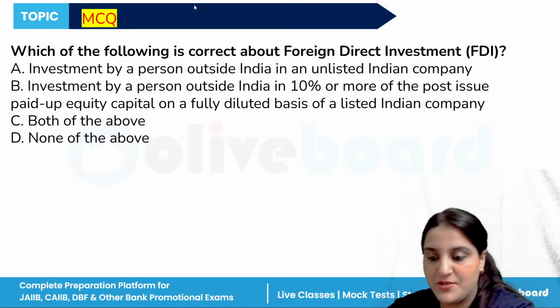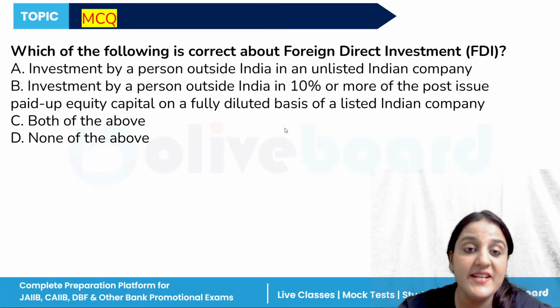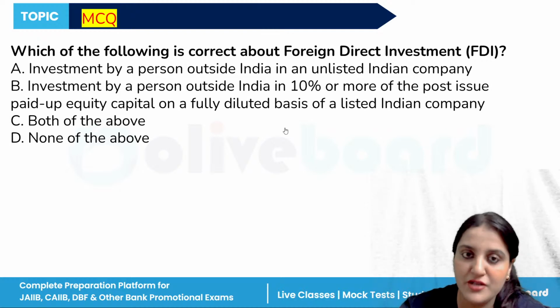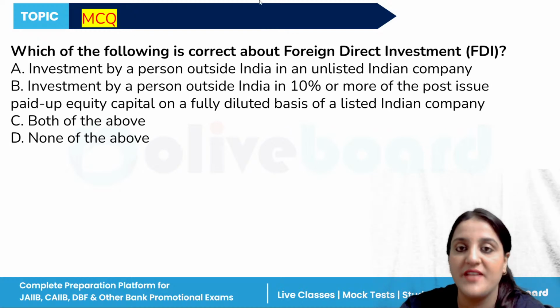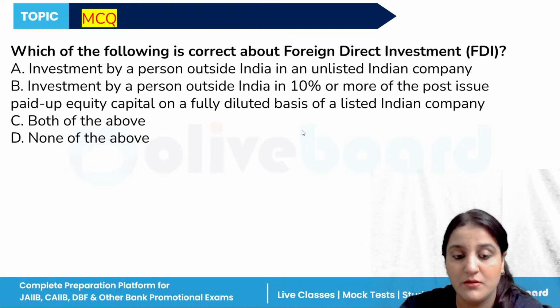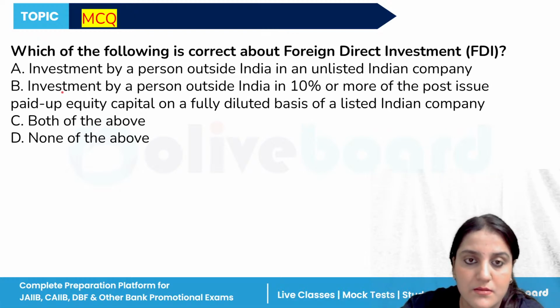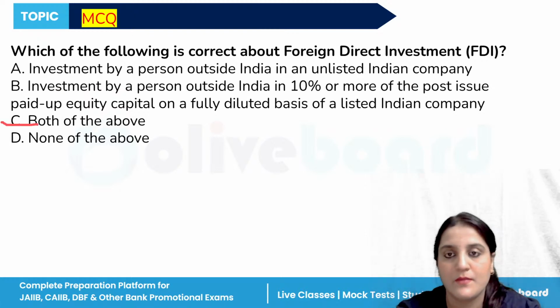Foreign direct investment is when an entity in one country invests in a business, real estate or some productive assets in another country, giving the investor direct control over the asset. That is FDI. I think both options, option B and A, are correct.